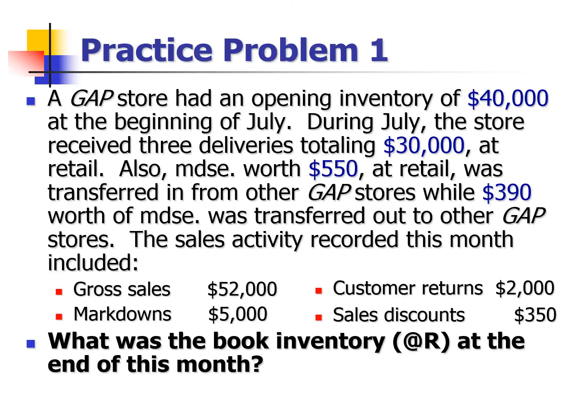If this is all that happened in July, what was the ending book inventory? Let's utilize the formula that we saw 2 slides ago to calculate book inventory at retail. Let's pause the video here while you work on the problem.